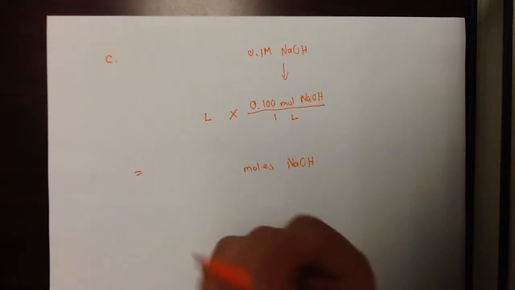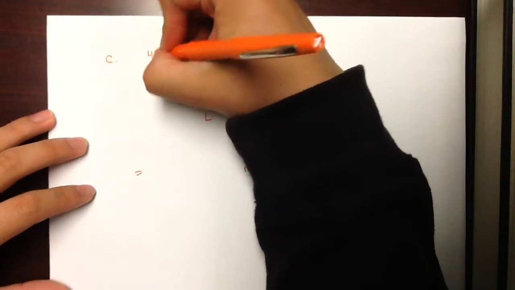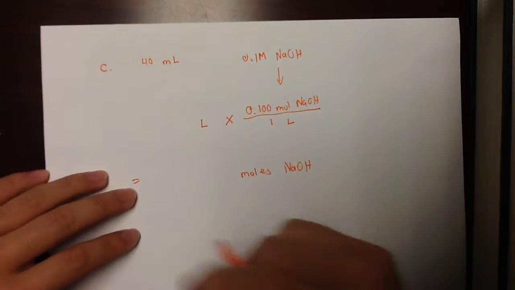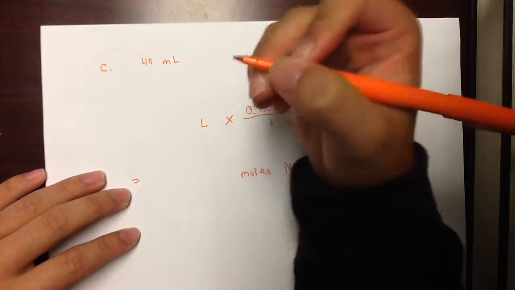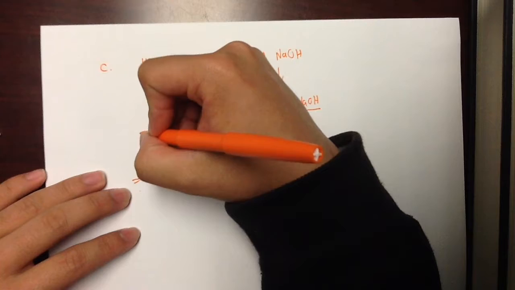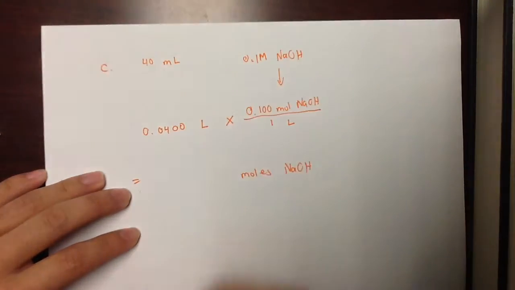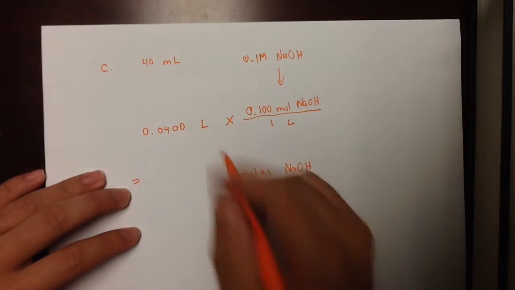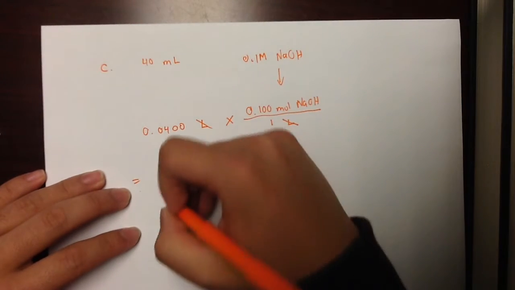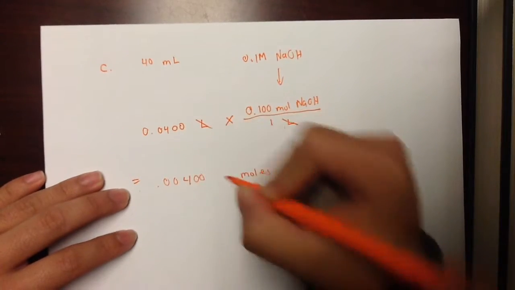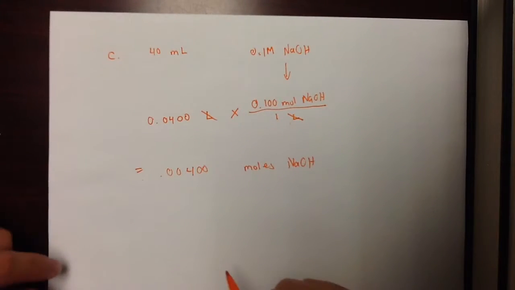So 40 milliliters, well, that's going to end up being 0.04 liters, right? And that's a specific figure, so we can just keep the same number of sig figs, so 0.0400 liters. And then liters cancel, and we get 0.00400 moles of NaOH. Easy peasy.